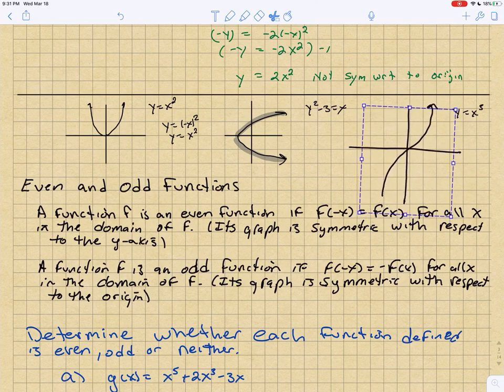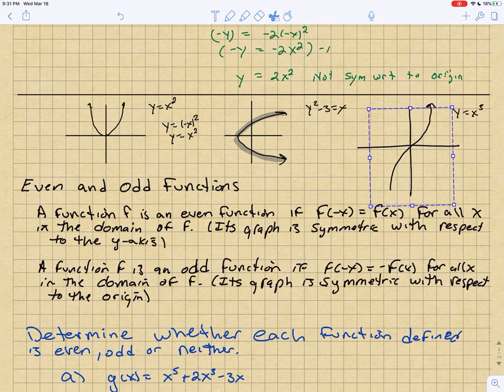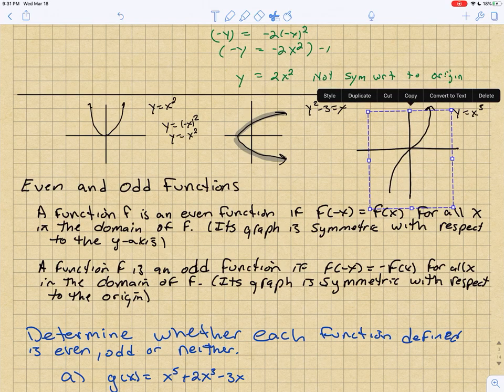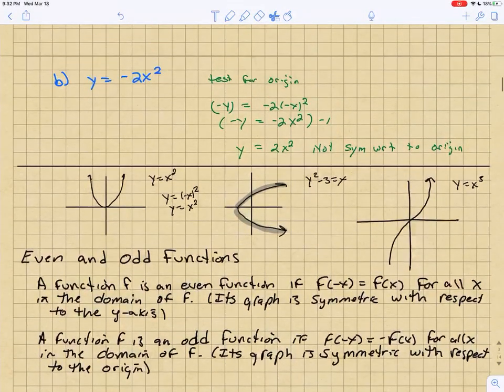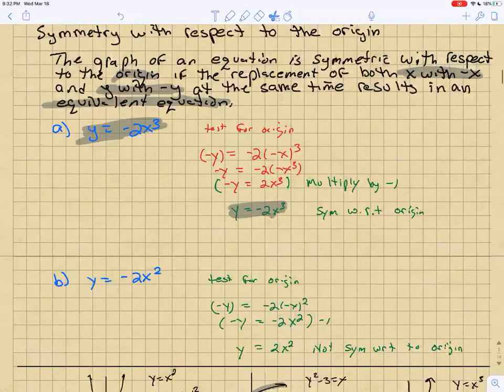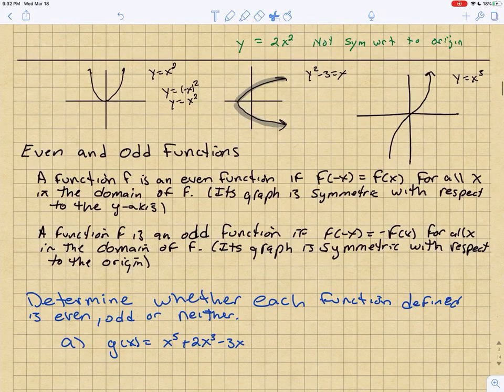Again, rotate it 180 degrees, and they should look the same. With respect to the origin, when I rotate a function 180 degrees, it will look exactly the same. Visually, I want to give you an idea of what to look for. Obviously, we still have to do the test of replacing x with a minus x and y with a minus y. So this y equals minus 2x cubed is just a version of y equals x cubed.